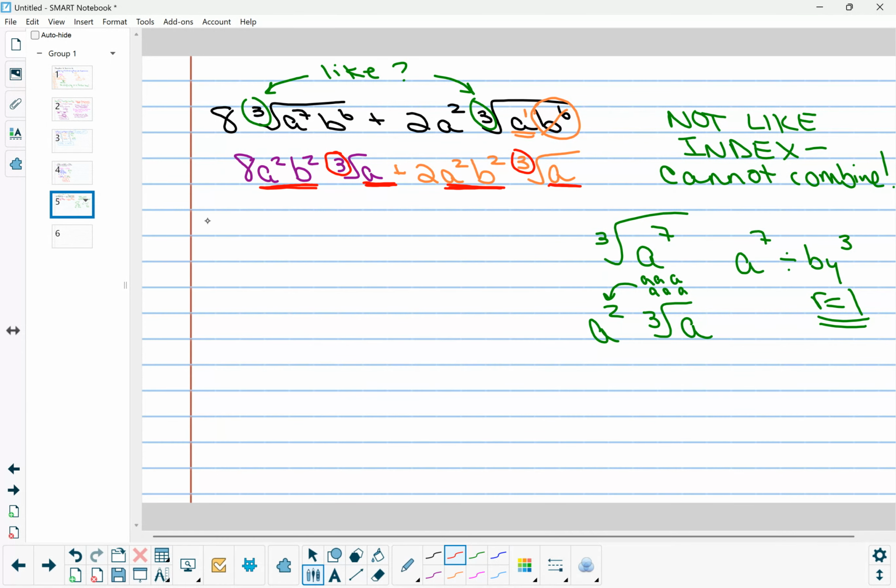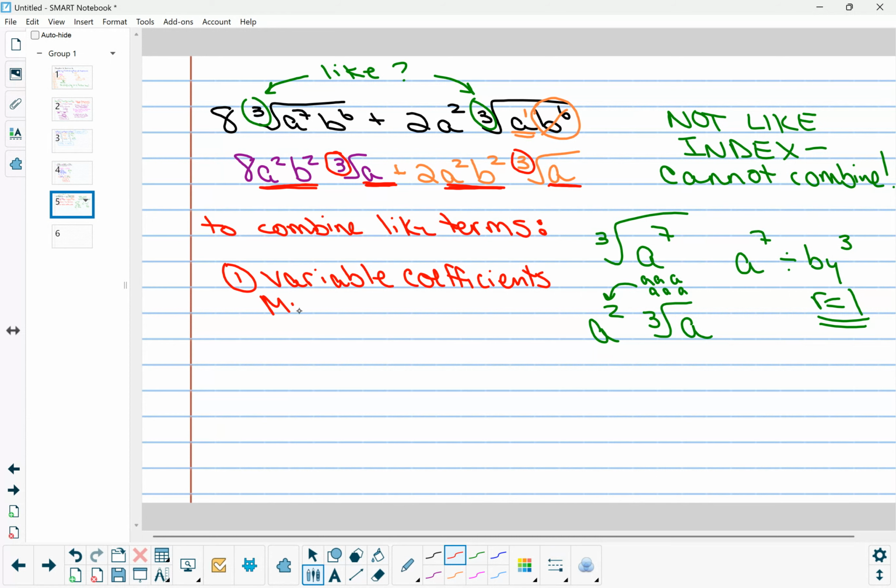So to combine like terms, one, the variable coefficients must be the same. Two, the index must be the same.